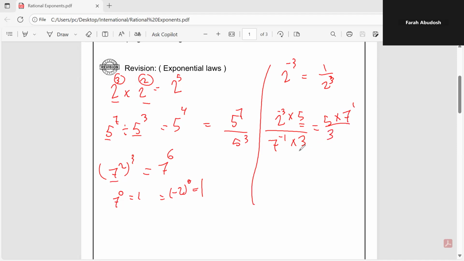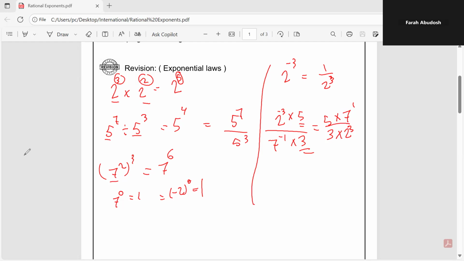Here we have 3 times 2 to the power 3, because we put it from the numerator to the denominator. These are some laws we took in the previous sections about exponential laws, where the power was an integer: negative, positive, or 0.